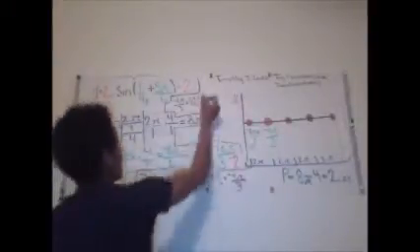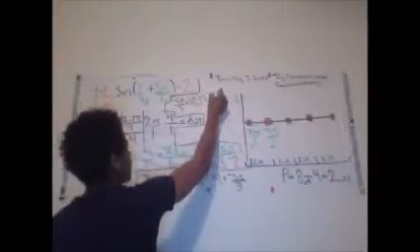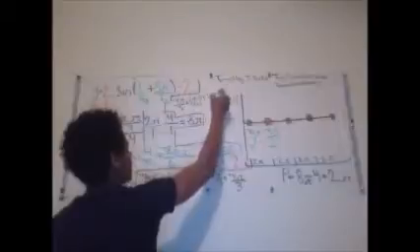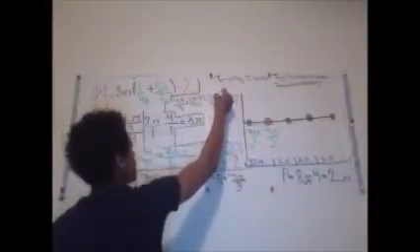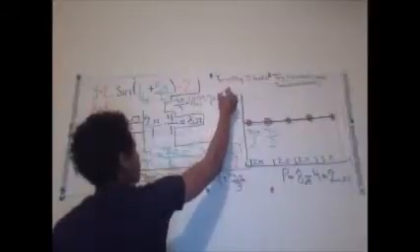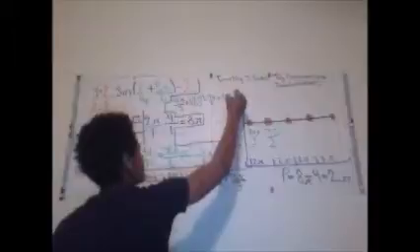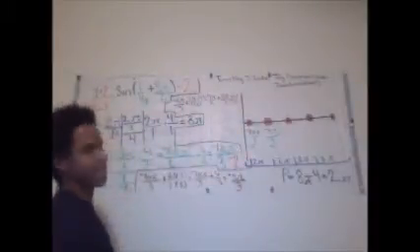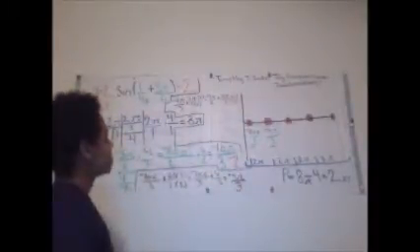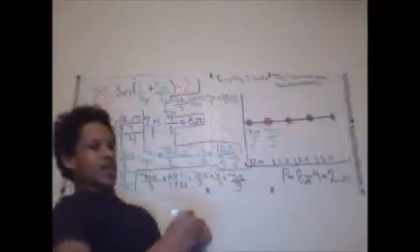Okay, so now we have -4 pi over 3 plus 6 pi over 3. And what does that equal? Let's see. Oh, you know what, best friend again.